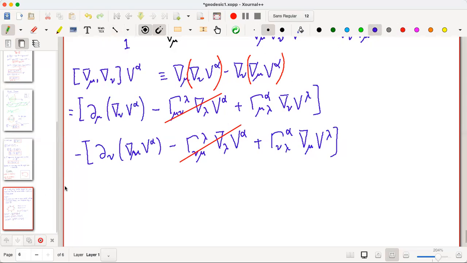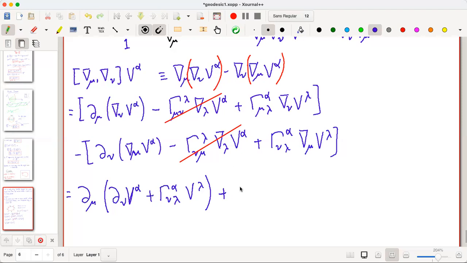Well, not yet, but we can express it in a more explicit way. So this is partial mu of partial nu of v alpha plus gamma alpha nu lambda v lambda, I'm going to use the same lambda. This is for that one, okay? Plus gamma alpha mu lambda.